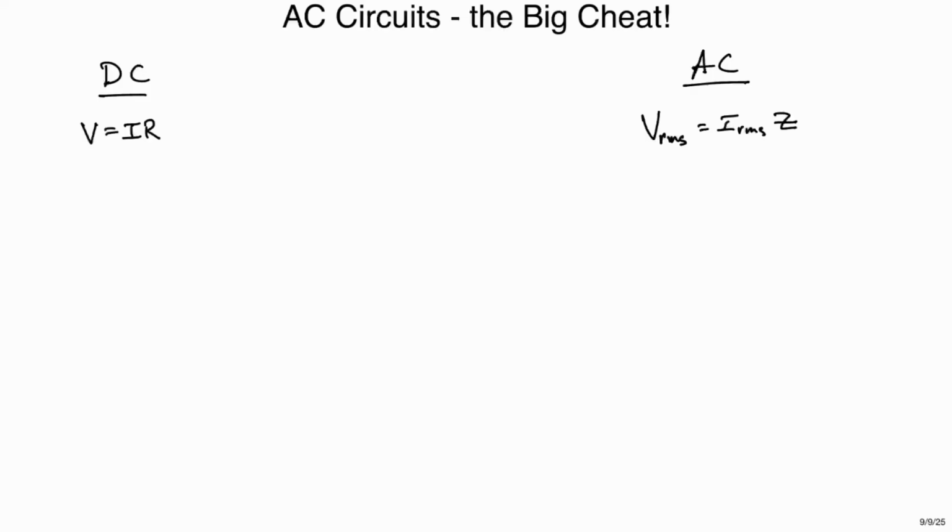Now, do you remember power? Power was current times voltage, in DC. In AC, the average power, again, we can't really talk about an instantaneous in-time thing, because this stuff changes in time, and we want to ignore that.